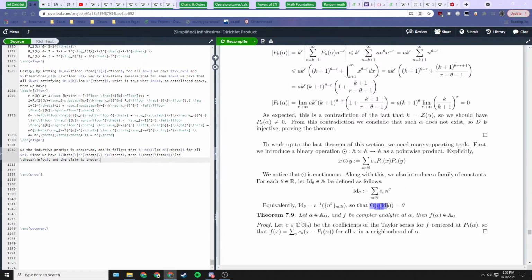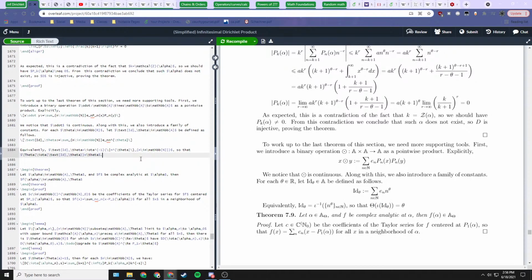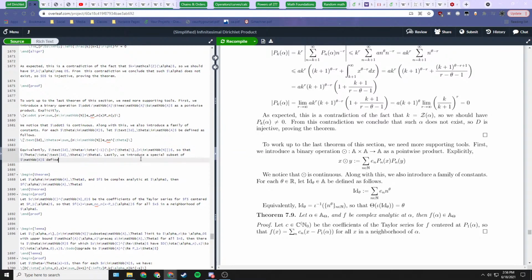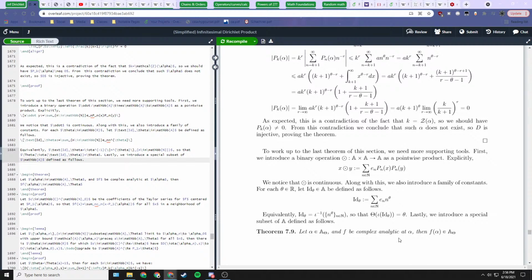And then lastly, we introduce a family, or rather a set, of A defined as follows.